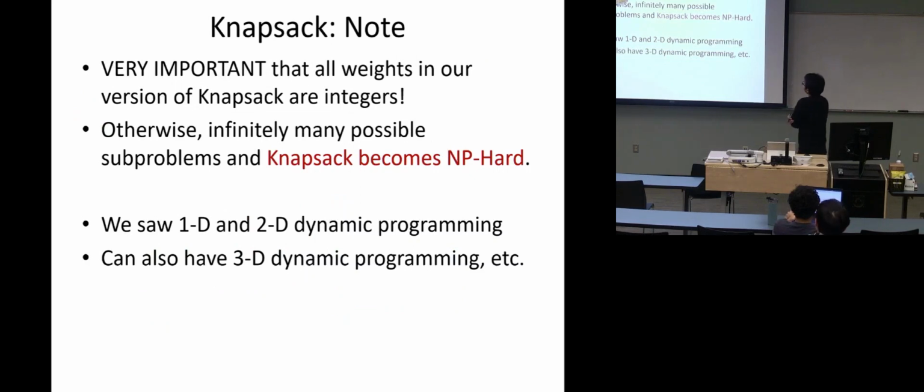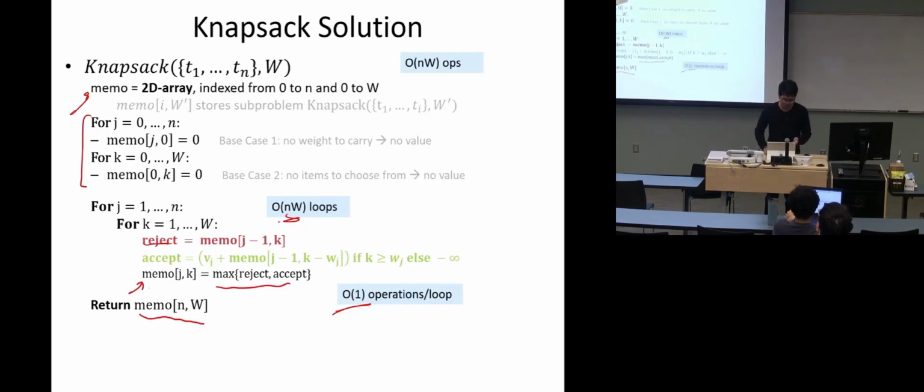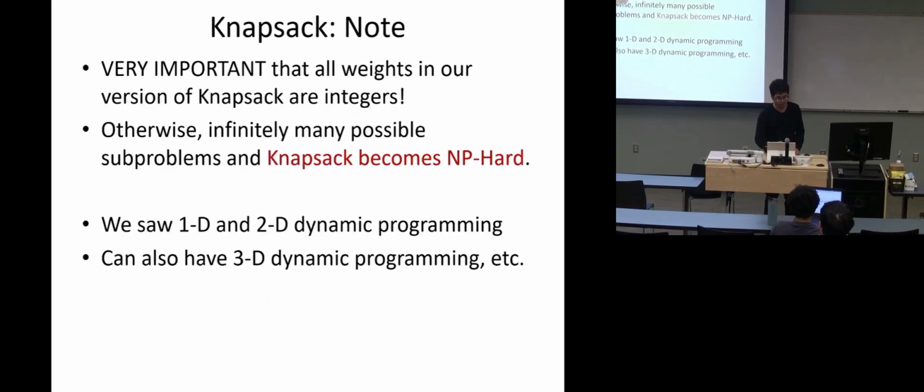One note I want to tell you is that this is a simple problem, and you can solve it in NW, but in our algorithm here it's actually quite important that all the weights are integers.